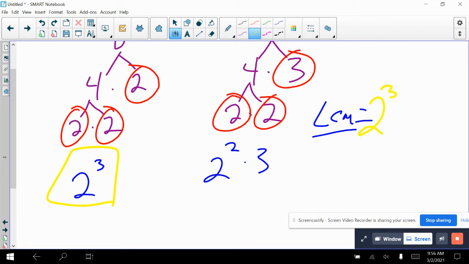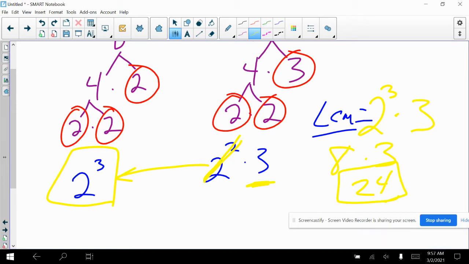2 to the third, right? What do we have left that we didn't use? The 3, because those two are used up, right? We're always taking the larger exponent. So what's 2 to the third? 8. Very good, whoever said that. Times 3.